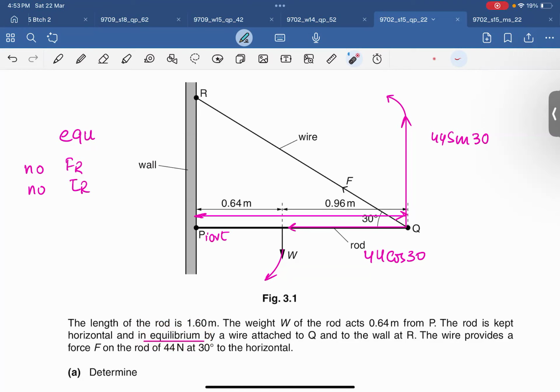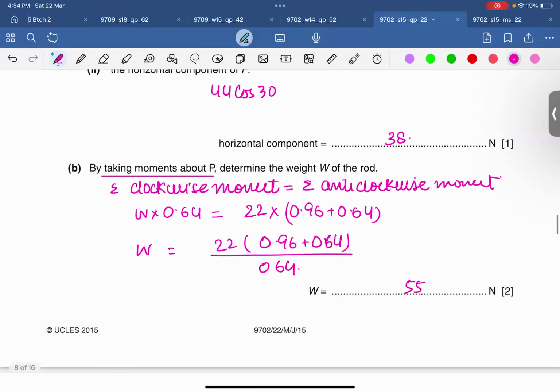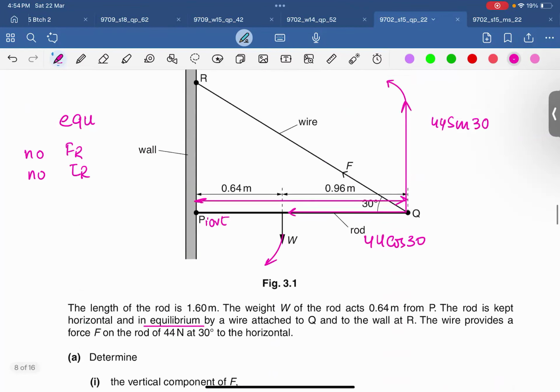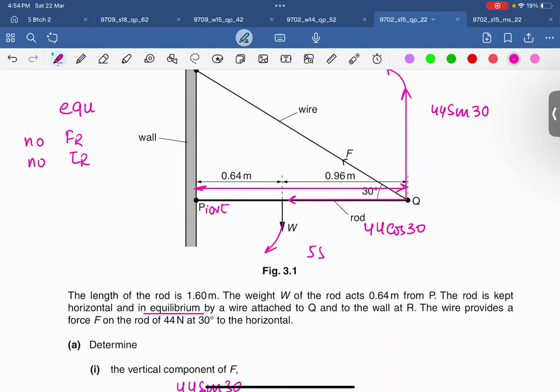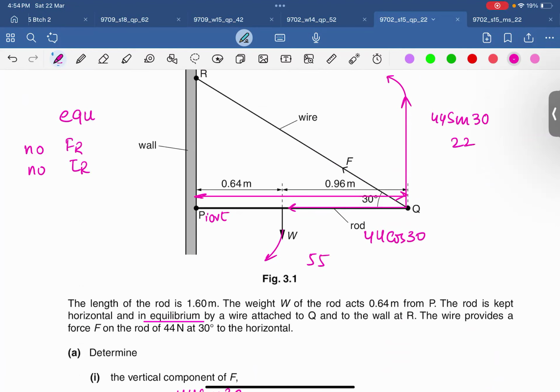उसने कहा हुआ है कि द रॉड इज इन इक्विलिब्रियम, राइट? अब अगर आप देखो the weight you calculated the weight as 55, okay? So the downward force is 55, the upward force is only 22, okay? Which means the resultant force in the vertical direction is not zero, right?